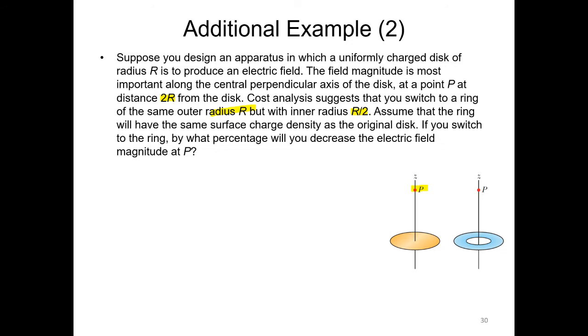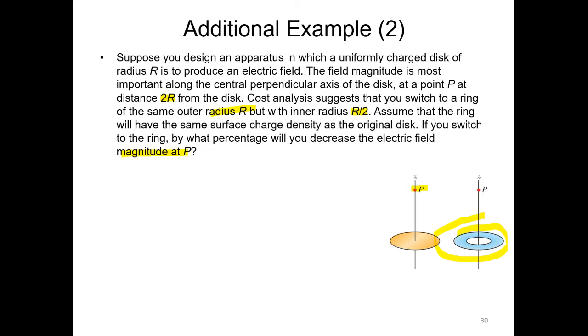So for this one, the outer radius is capital R, the inner radius is R over 2. Assume that the ring will have the same surface charge density as the original disk. If you switch to the ring, by what percentage will you decrease the E field magnitude at P?